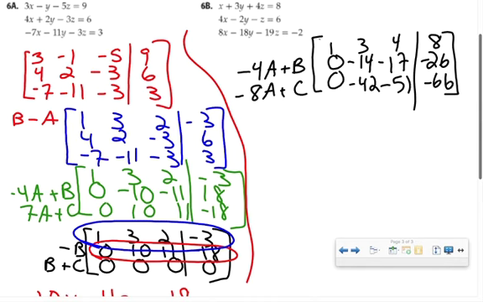From here, what I would hope that you'd notice is that if I multiply 14 times 3, I get 42. If I multiply 17 times 3, I get 51. So what I'm going to do is multiply the second equation by -3 and add it to the third so that things will cancel out for me. And I'm going to leave the first and second equations alone.